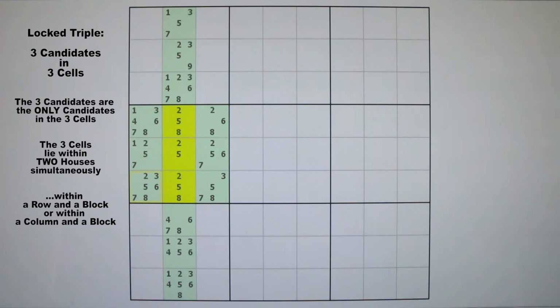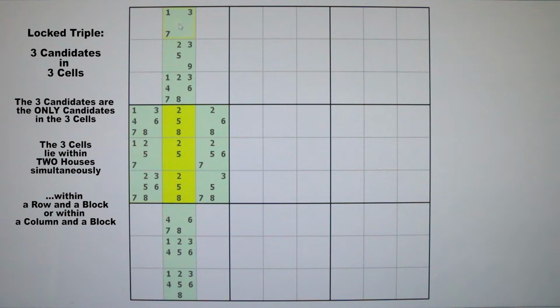Now here in a column, we have a locked triple of 2, 5, and 8. It's a naked triple, but it's locked because it lies not only in column 2, but it also lies entirely within block 4. So 2, 5, and 8 cannot appear anywhere else outside those yellow cells in both the column and the block.